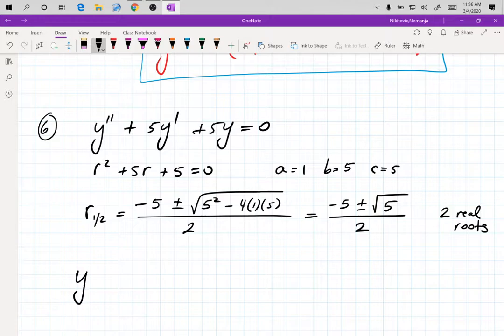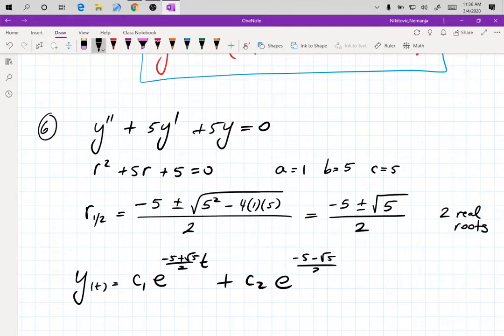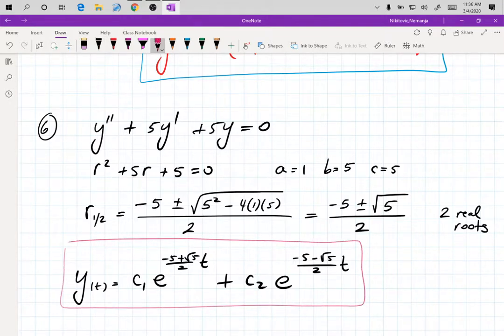Therefore, the solution for this is y of t equals c1 e to the negative 5 plus root 5 over 2 t plus c2 e to the negative 5 minus root 5 over 2 t. That's the solution. I know these are not what you would call nice numbers, but hey, stop discriminating.